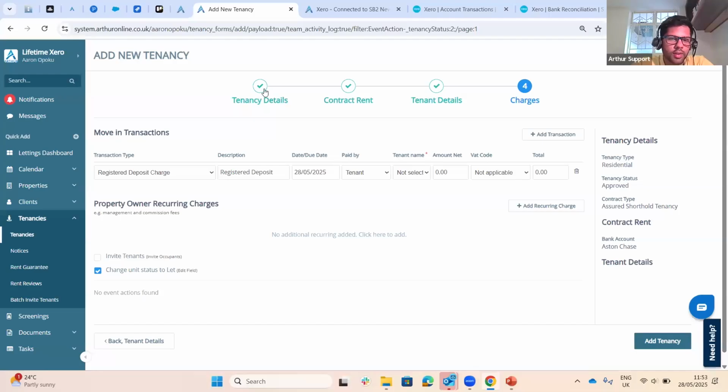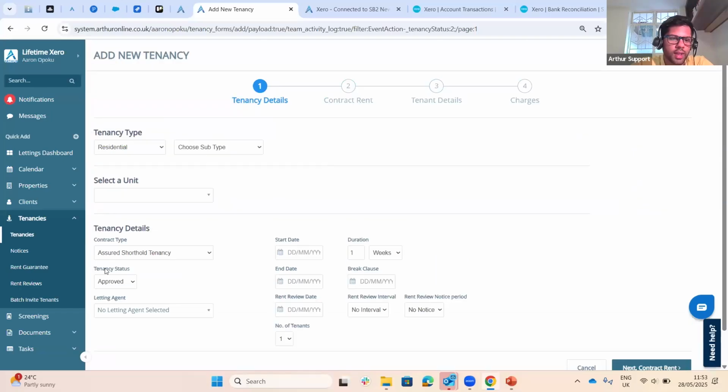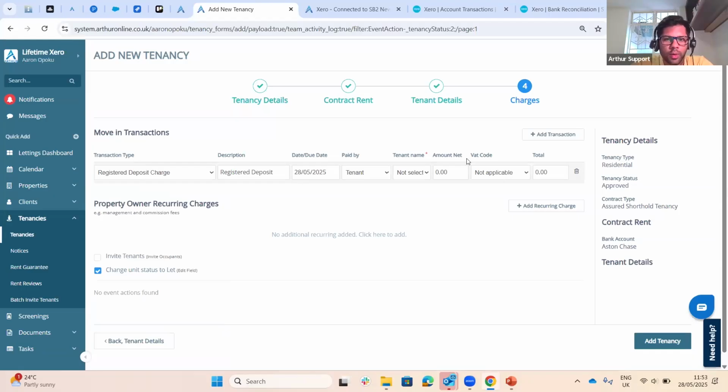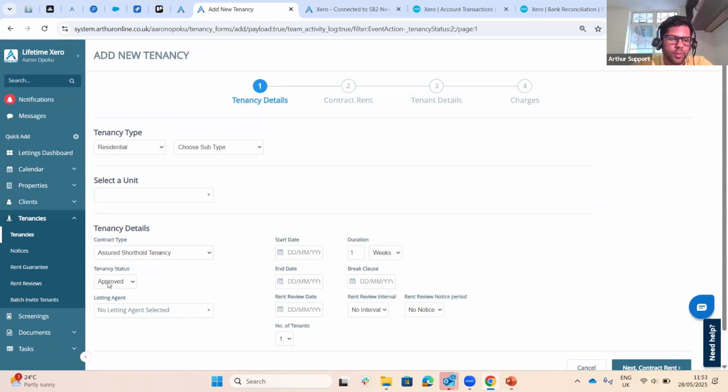So I was just explaining that whenever you set up a tenancy, regardless of the status, whether it's prospective, approved, and so on, as long as you ensure you've added the deposit in here, it will create the deposit charge on the deposit statement. So the different tenant statuses do not affect the charge creation.